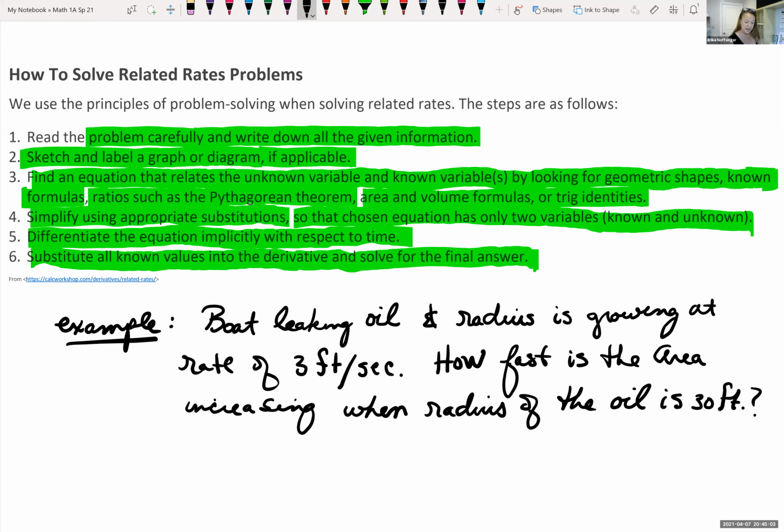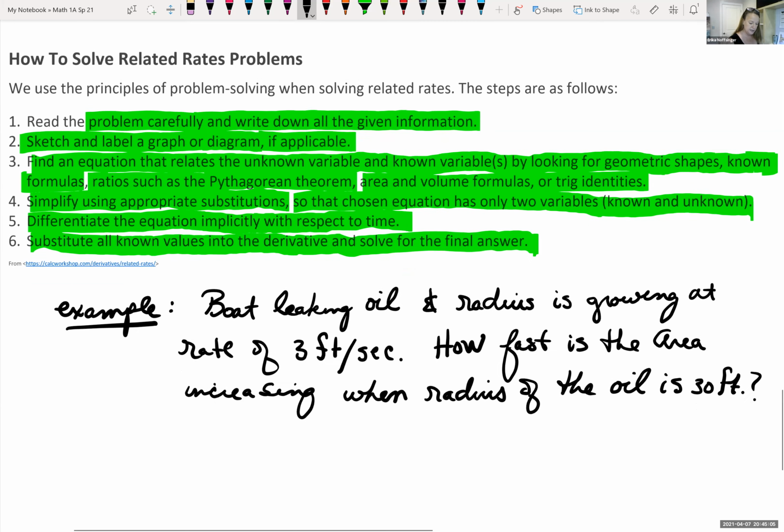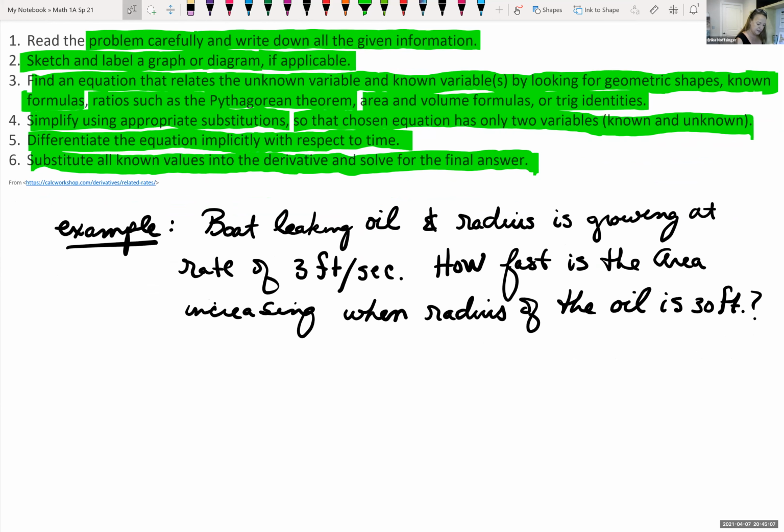Okay, so we have this boat, it's leaking oil, and it's basically a circle that's growing, right? It's extending and extending. And so we know we have a circle. We know the area of a circle. It's pi r squared.